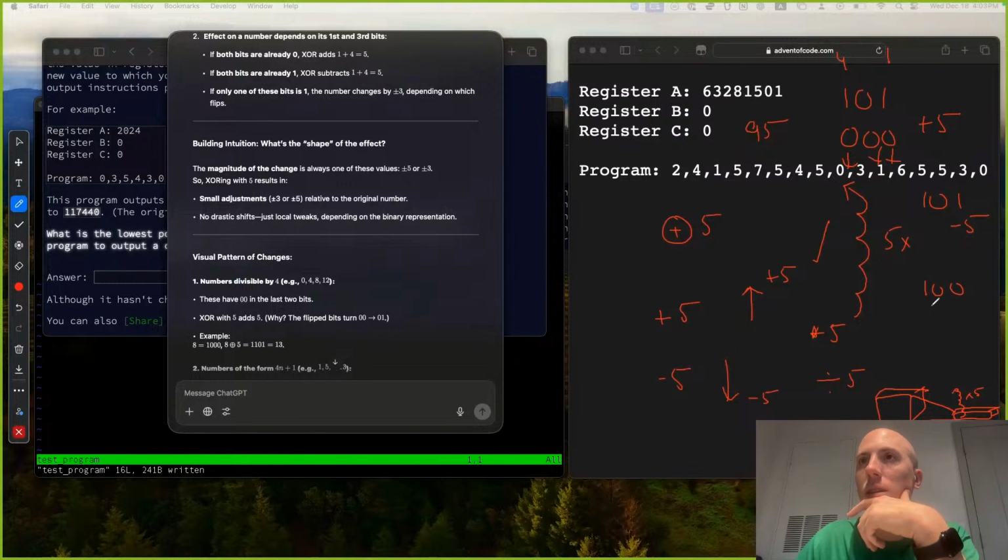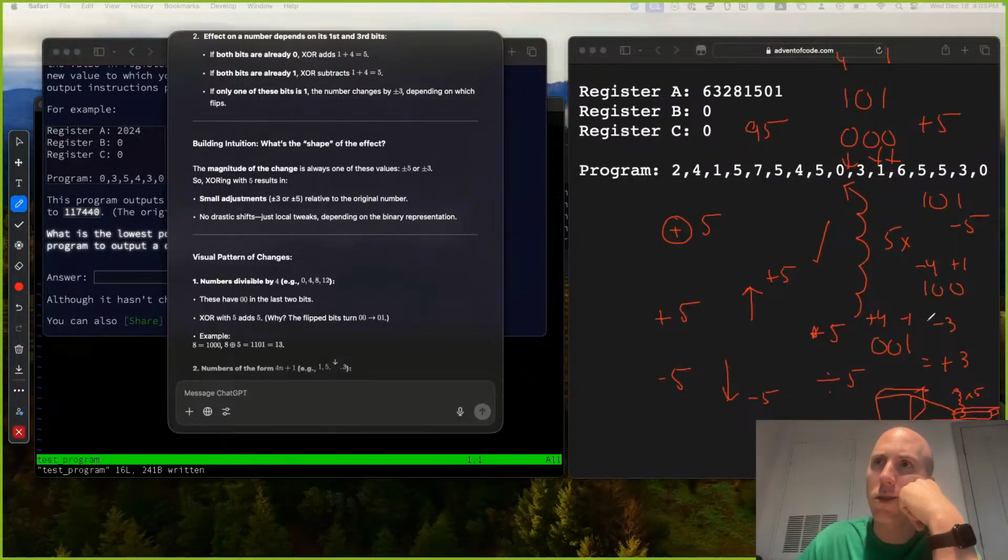So in this case we would lose the 4, but we would gain the 1. So it'd be -3. Or if we add 001, we would gain the 4, but we would lose the 1. So it'd be +3.